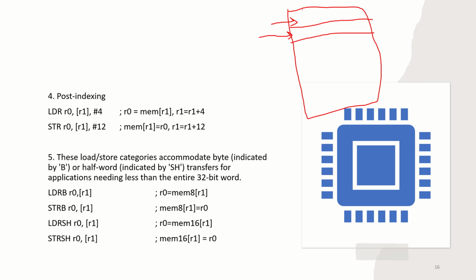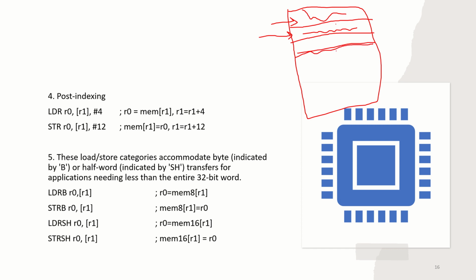The content stored at one location, whatever the content is, is called a word. It is the smallest addressable unit.